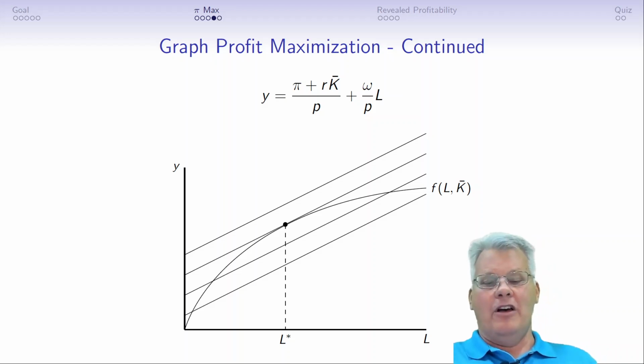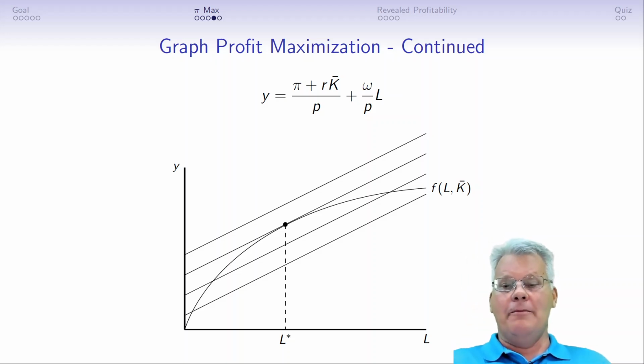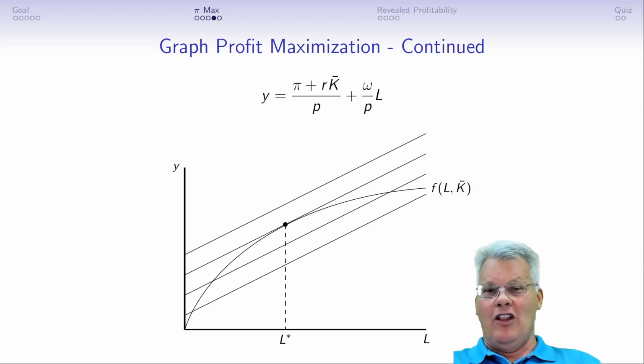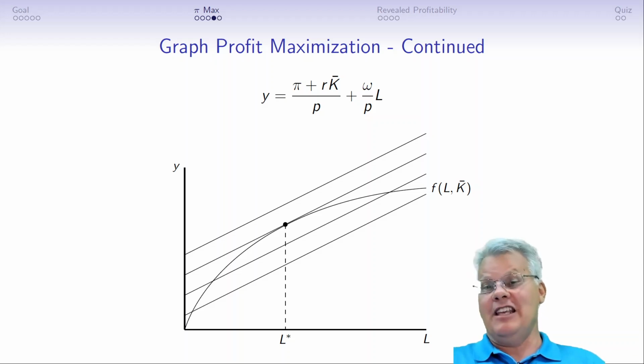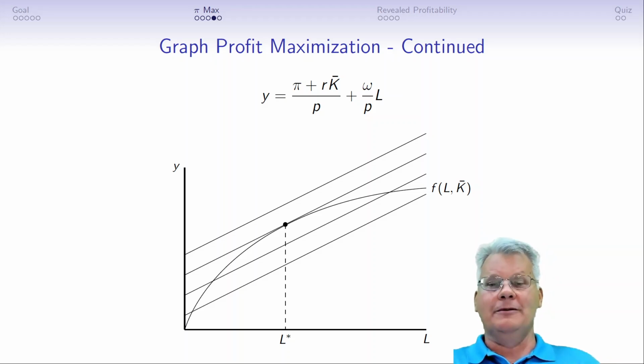I've repeated the equation from the previous slide. At labor input L star, the profit maximizing labor input, you'll notice that the isoprofit line, whose slope is given by omega divided by P, is just tangent with the production function.